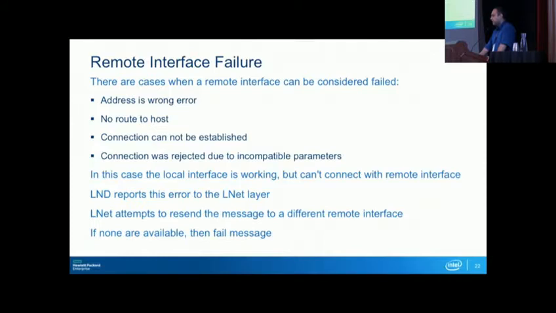They can be recovered from. So in this case, the local interface is working properly, but we can't establish a connection with the remote interface. So LND will report this error to the LNet layer, and the LNet layer will attempt to resend the message on a different interface. If none are available, then we fail the message.